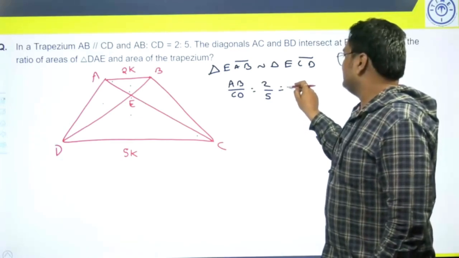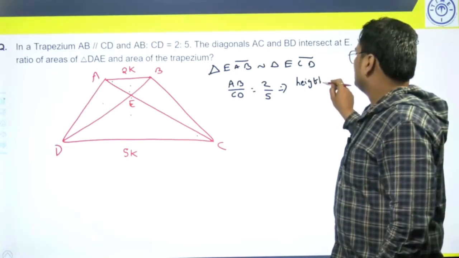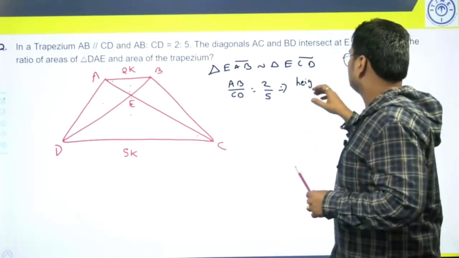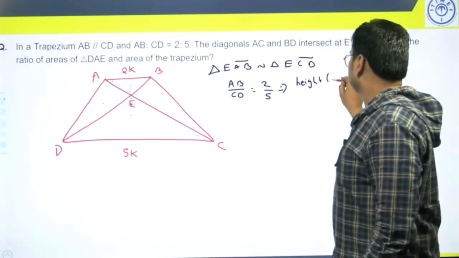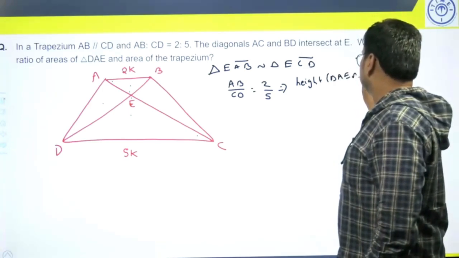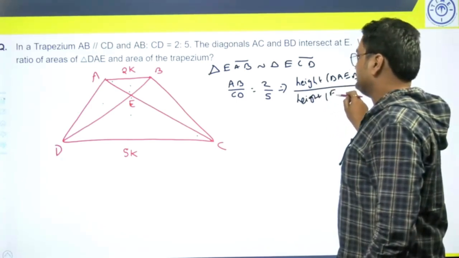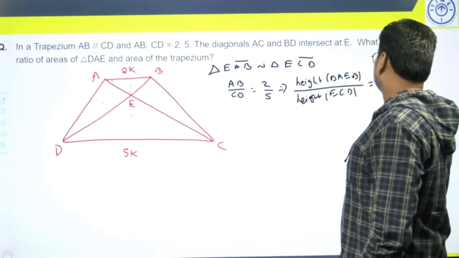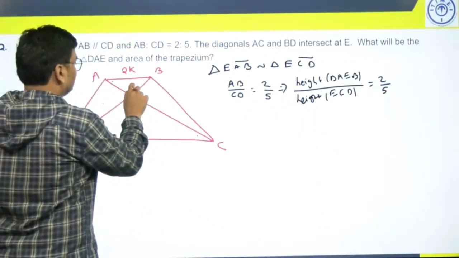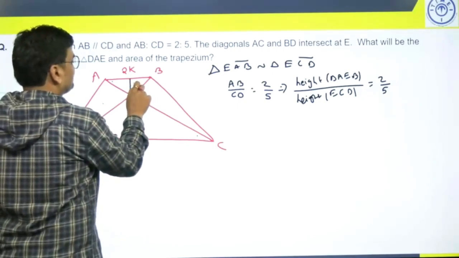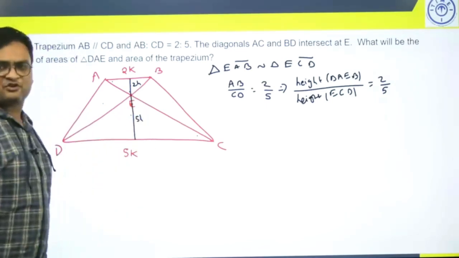So that means, can I say the height of triangle AEB by the height of triangle ECD will be equal to 2 by 5 only. So let us assume this height here to be 2h and this height here as 5h. Let us assume it like this. Right?